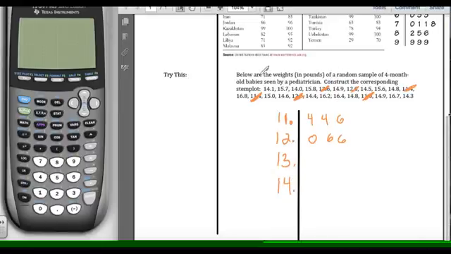Quite a few 14s. We've got 1, 0, 9, 5, 8, 6, 4, 8, 9, and 3. So we're going to put these in order from smallest to largest. The smallest will be a 14.0, so I'll start with my 0, then a 14.1. There were no 14.2s, but there was a 14.3.